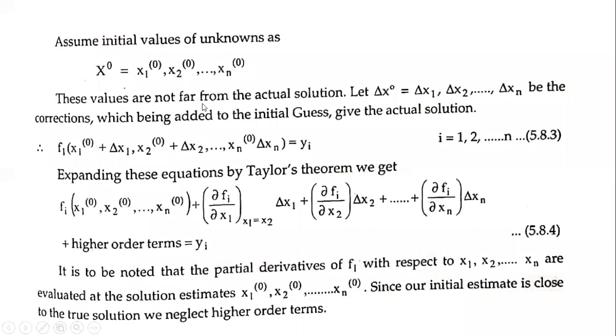These values are not the actual solutions. Let delta x of 0 be equal to delta x1, delta x2 and so on up to delta xn. Then we substitute these values, that is, we add them to the initial guesses to give the actual solutions.